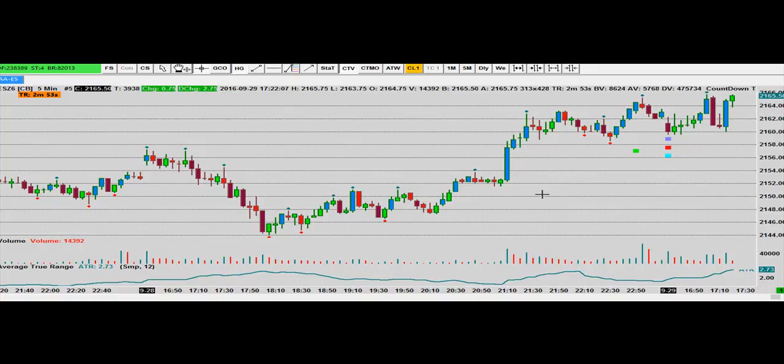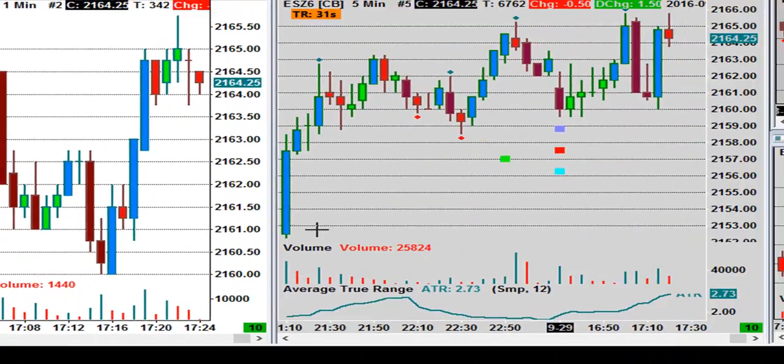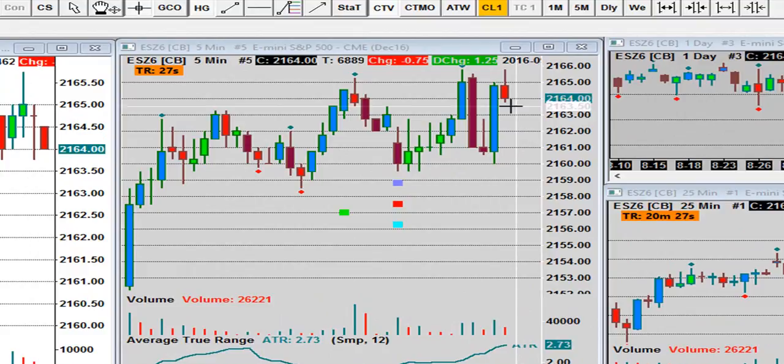From time to time I will pause the video because we have time limitations, and I will resume the video when something of significance happens. As you can see here, we have about 35 seconds for the 5-minute bar here to be completed, and we have here an equal high.